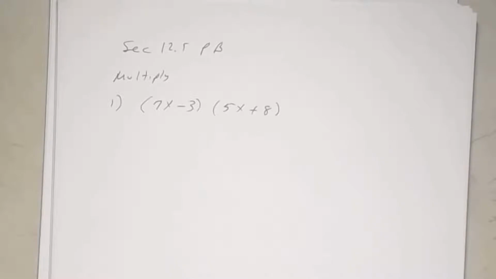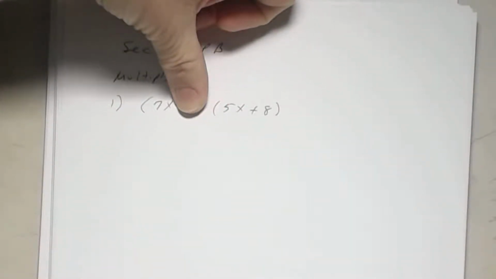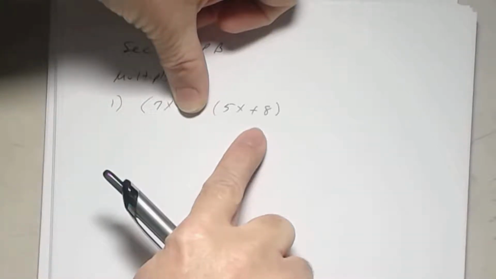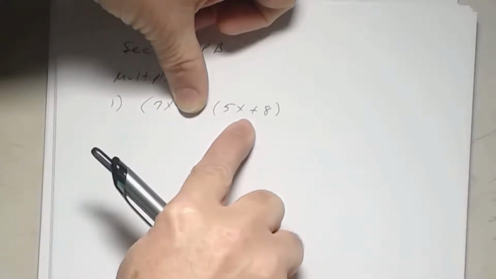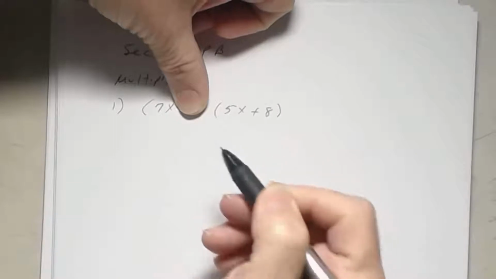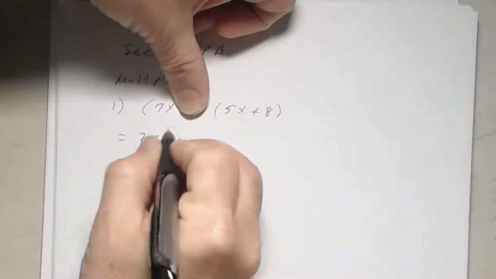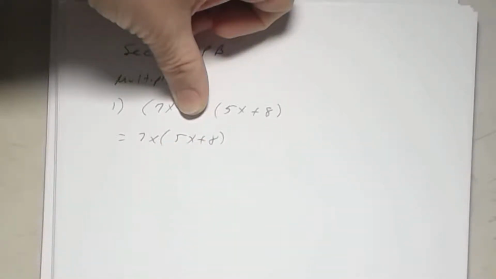This is what I'm asking you to use, if you remember what we did last class period. If I cover that second term, this looks like I'm saying 7x times this, right? So you're going to say 7x times this second binomial, and at some point you're going to use the distributive property. So your first step is going to be 7x times 5x plus 8.